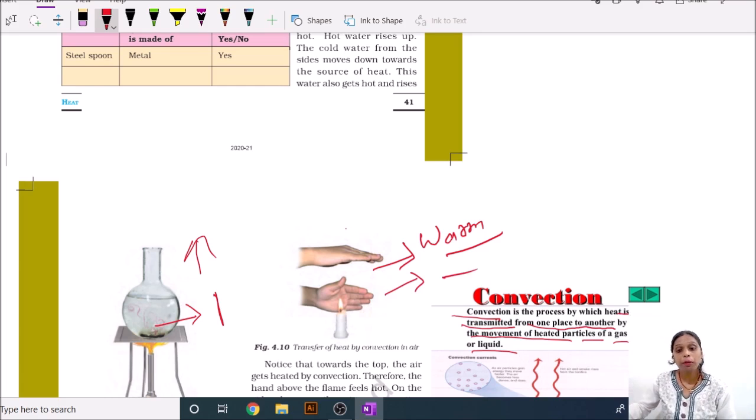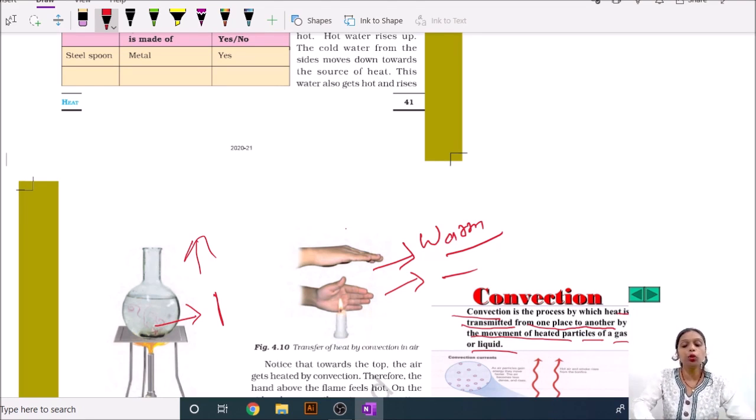Why? Because the air that comes in contact with the flame rises up. That's why your hand feels the warm effect above it. But your second hand, present at the side of the flame, does not feel the warm effect. This is an example of the process of convection.